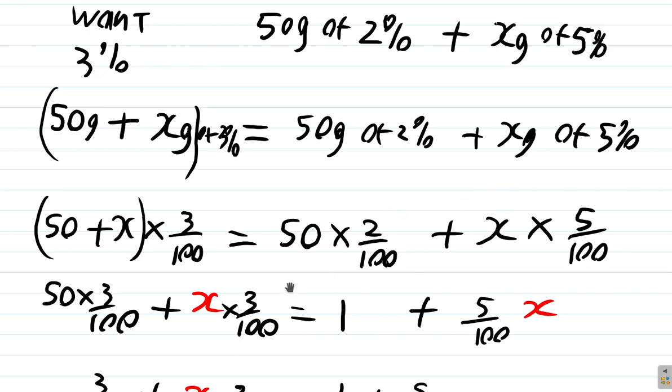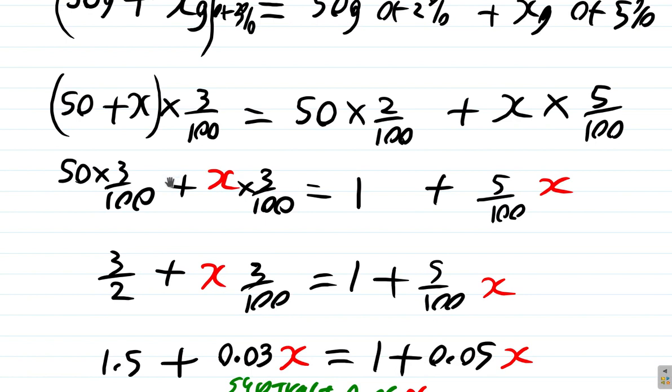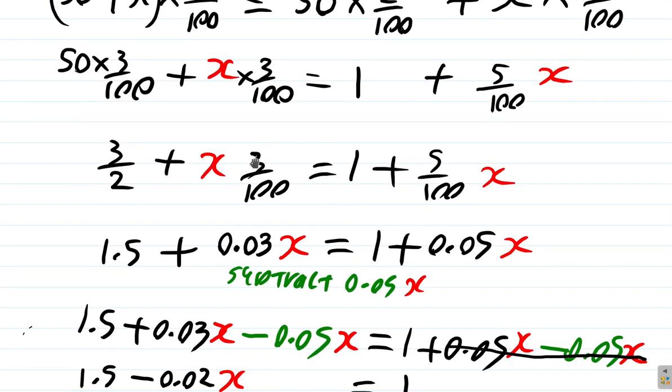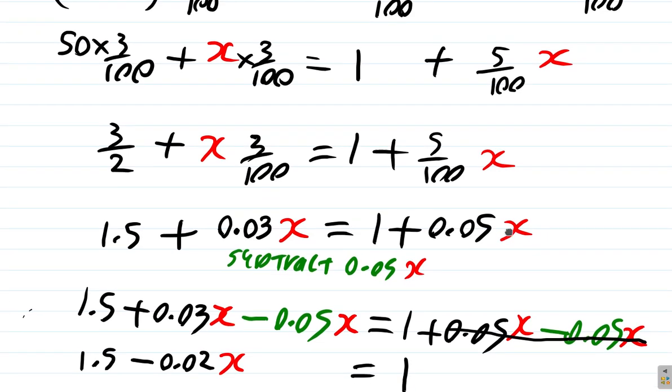And you multiply out the brackets, you have 50 by 3 over 100 plus X by 3 over 100 equals 50 by 2 out of 100, which is 1, and then you have 5 over 100 of X. So, simplify the fractions and then convert them to decimal. 1.5 plus 0.03x equals 1 plus 0.05x.